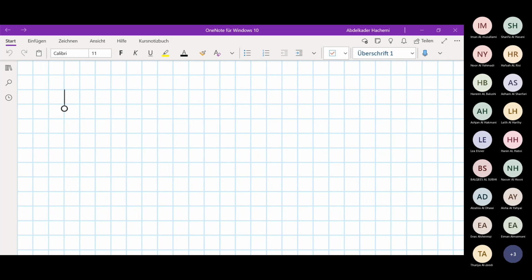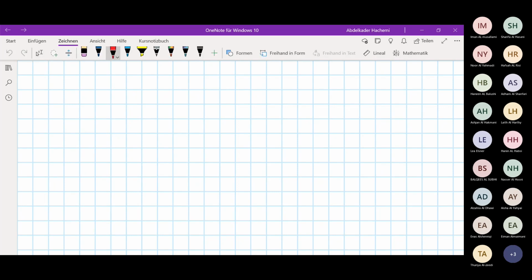What we know here for the momentum, I write here exercise 1.